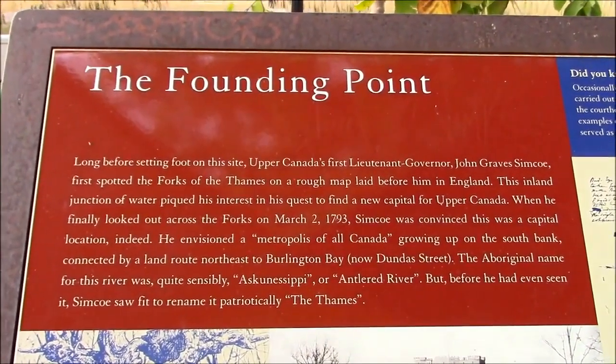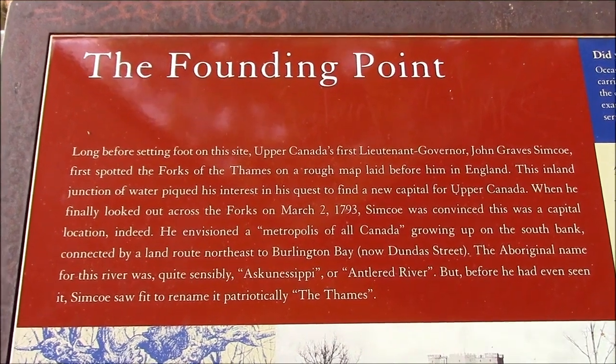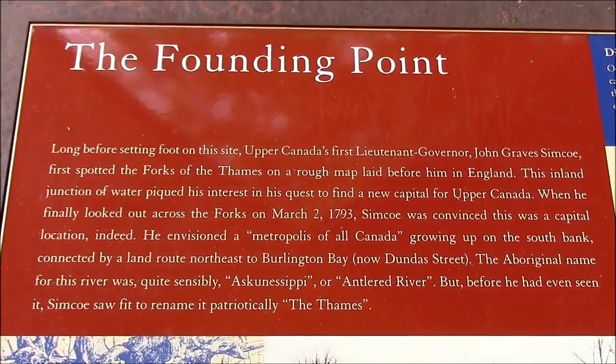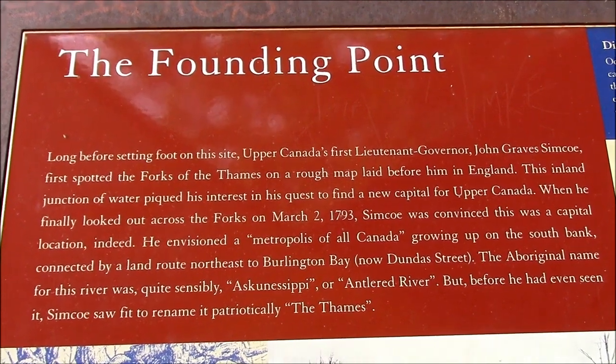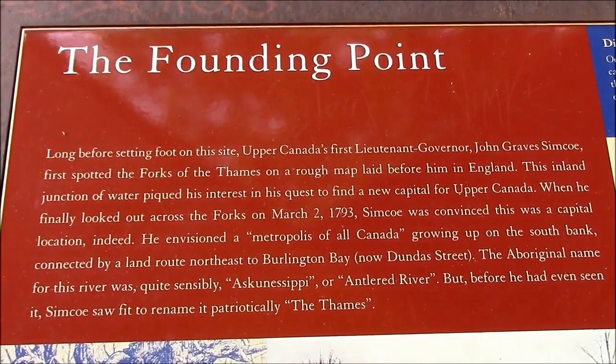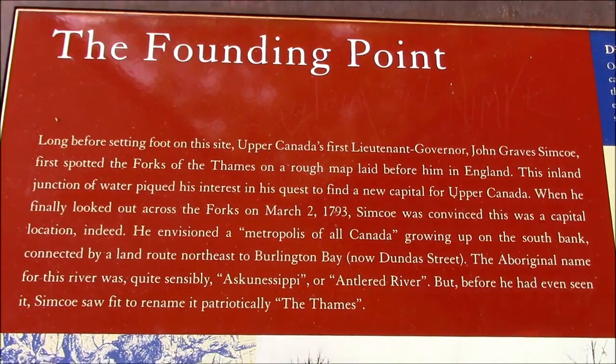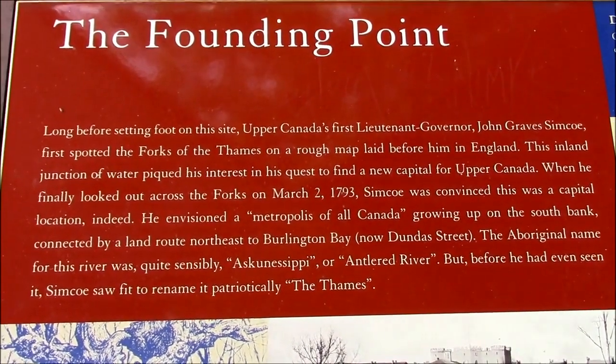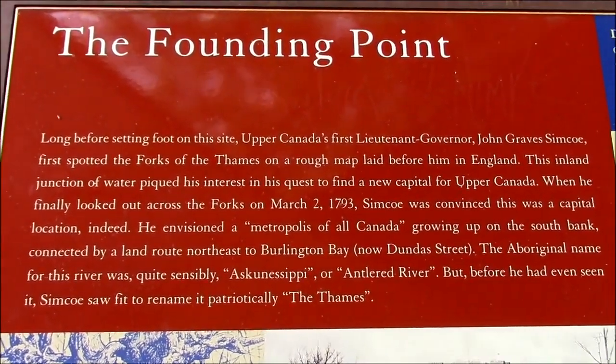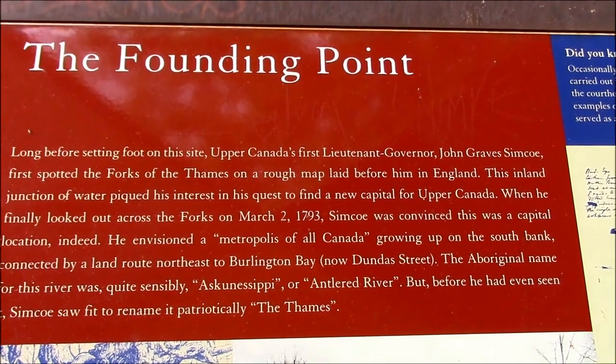The founding point. Long before setting foot on this site, Upper Canada's first lieutenant governor, John Graves Simcoe, first spotted the fork of the Thames on the rough map laid before him in England.